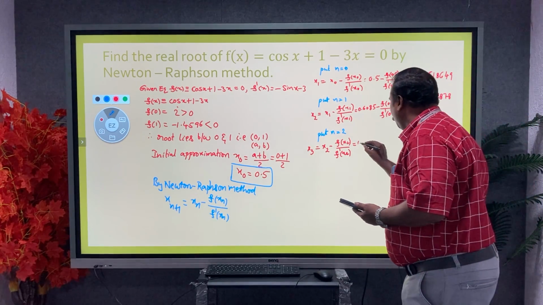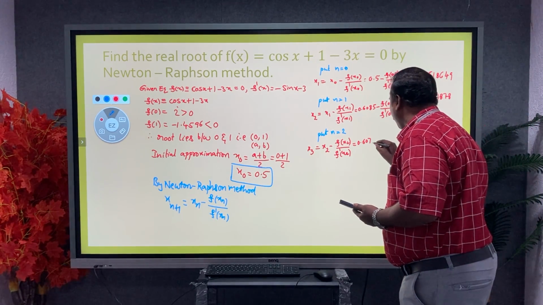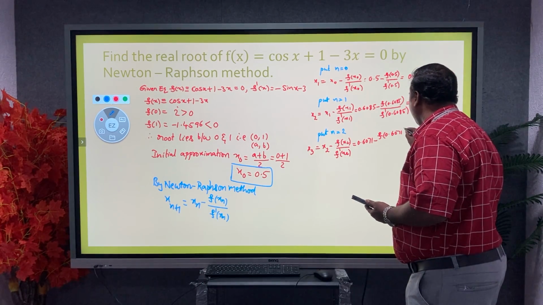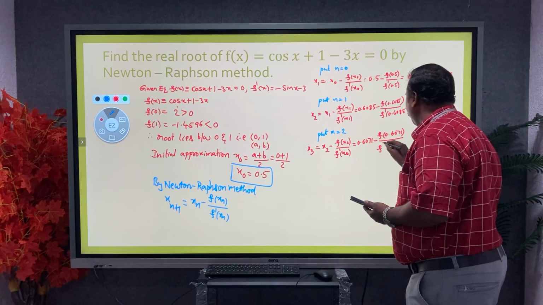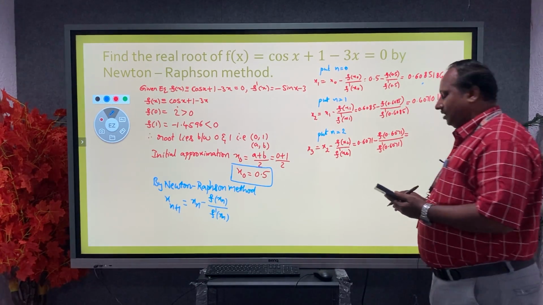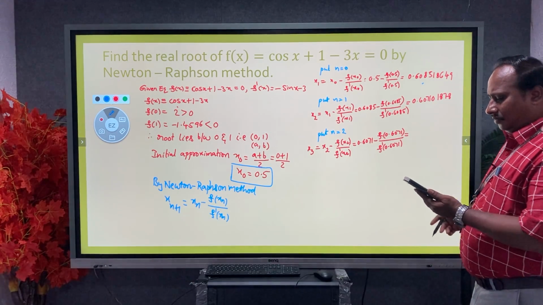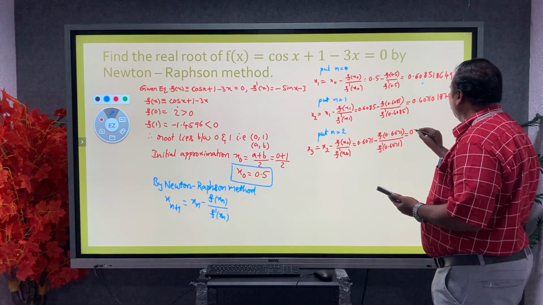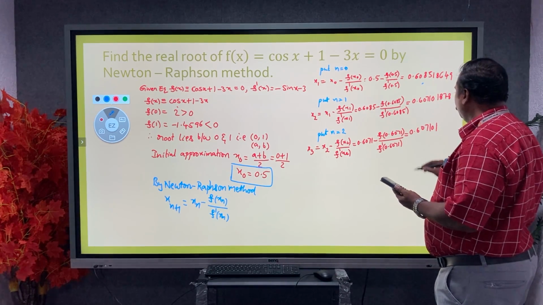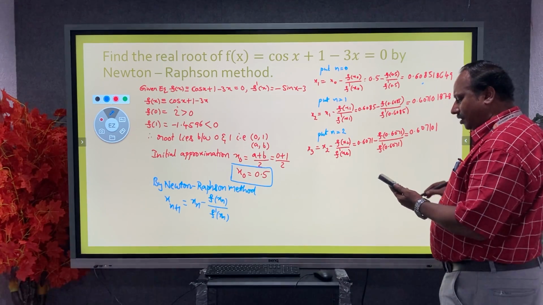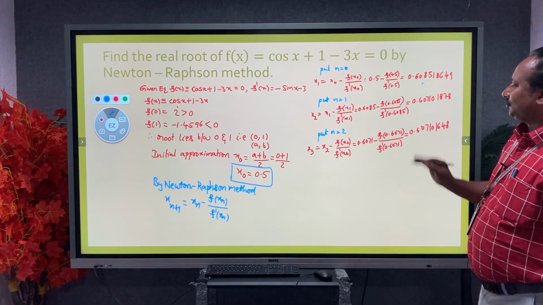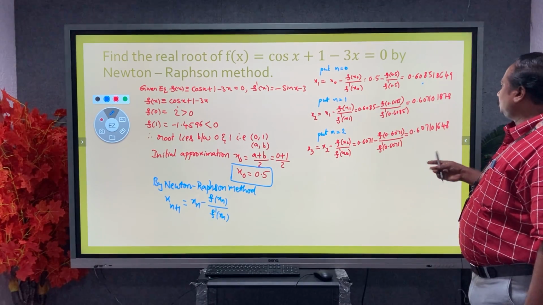Then 0.6071 minus f of 0.6071 by f dash of 0.6071. Calculate the value again, then we get 0.607101648.